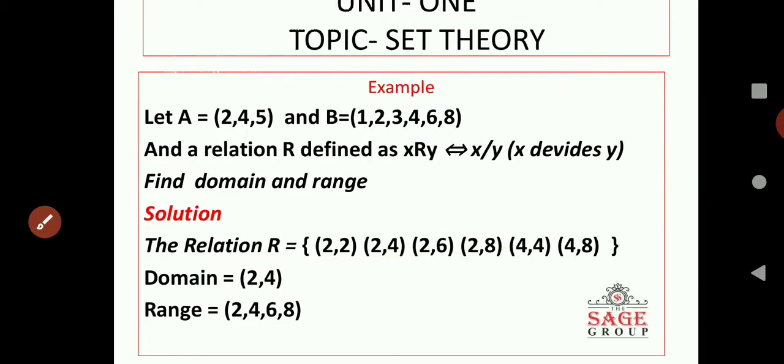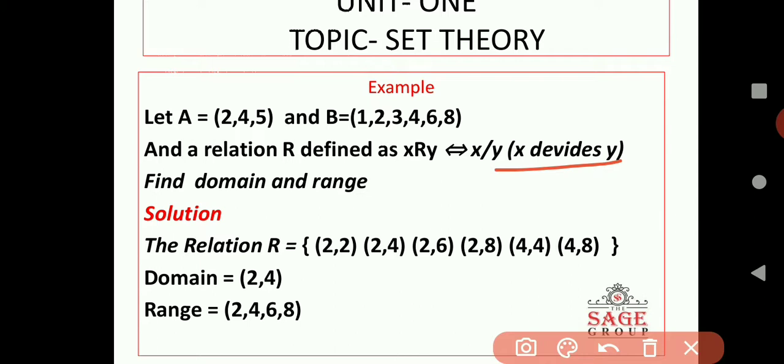Again, let's see an example for domain and range. Suppose we have a set A with elements 2, 4, 5, and a second set B with the elements 1, 2, 3, 4, 6, 8, and a relation R defined as x divides y. So the relation: an element of set A, 2, we have to relate with the elements of set B, where the relation is x divides y.